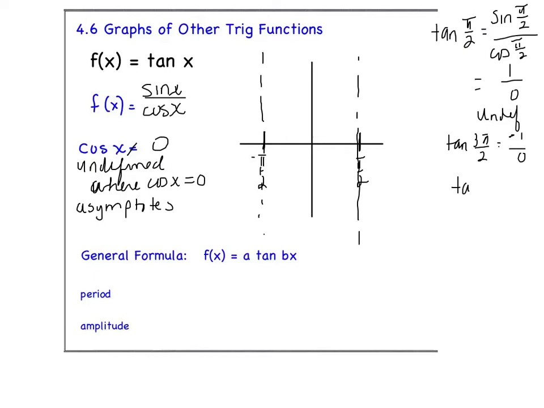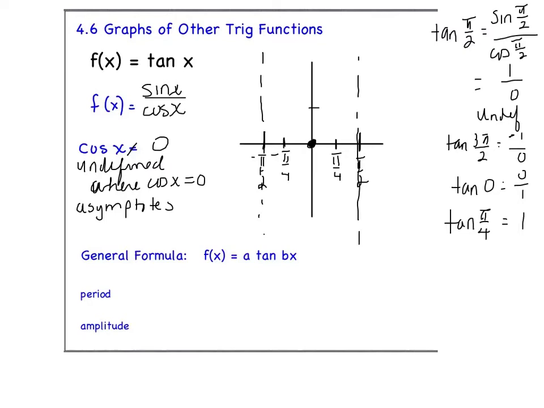The tangent of 0 is going to be 0 over 1, so that will just be 0. All right. We know that the tangent of pi over 4, which of course is halfway, right? So this would be pi over 4 and negative pi over 4 is going to be equal to 1.